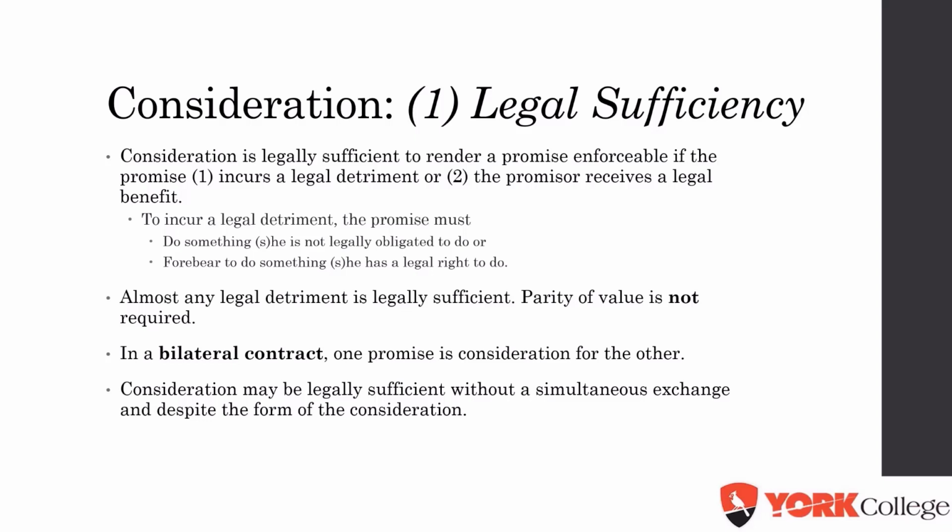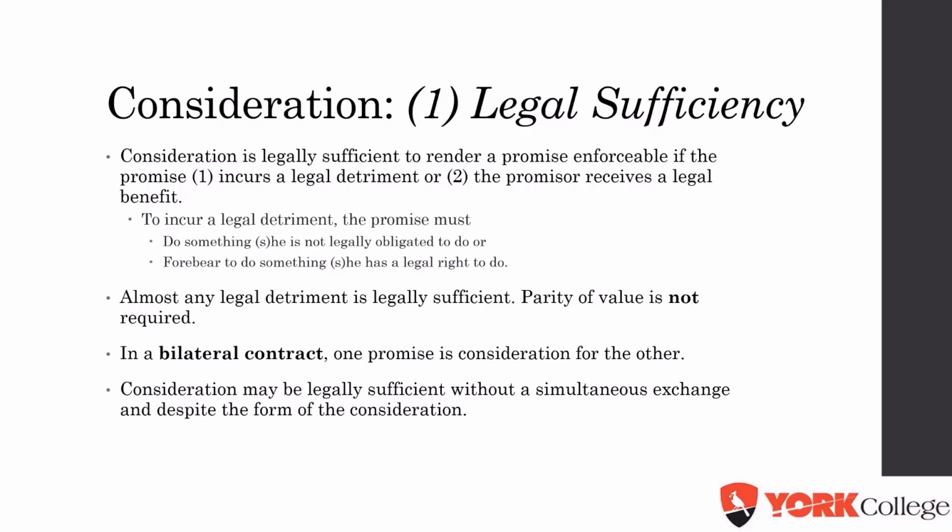Same way with Bob. Bob promised Amanda that he would pay her $200 in return for staying at her lodging in September. He is also doing something that he is legally not obligated to do, which is pay her $200. So just think of it like that. It's just a promise to do something that they legally are not obligated to do.